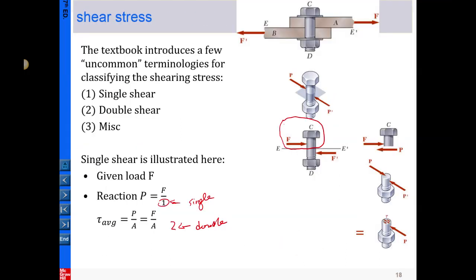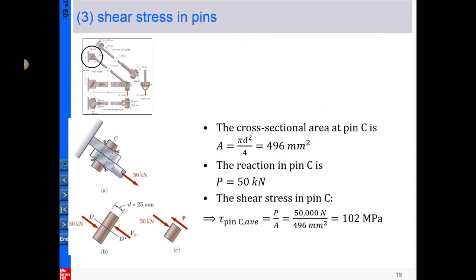We continue our discussion on the single shear stress, and then we can exercise how to calculate the stress. For example, here we exercise determining the stress in the pin C. Pin C is here, and you can see pin C is pulled by this bar.